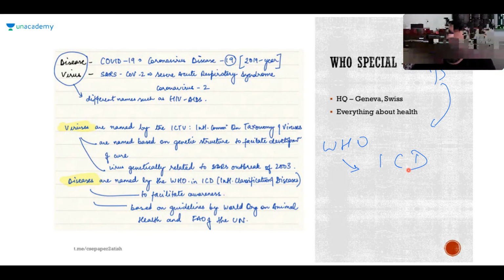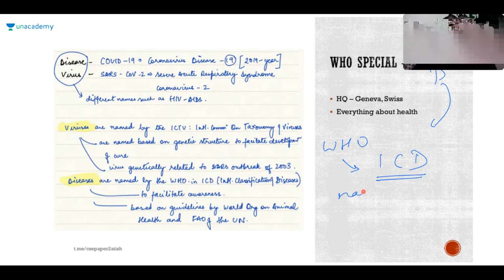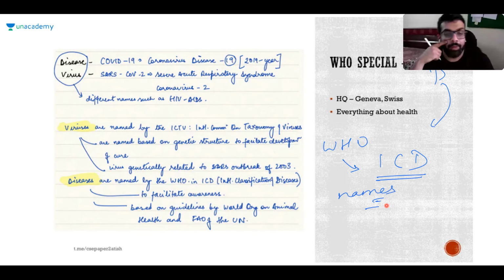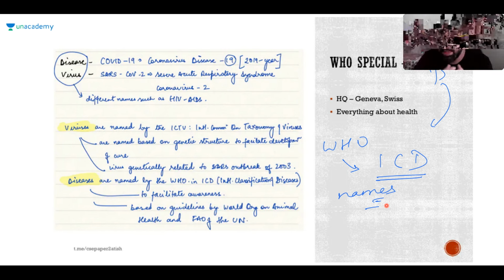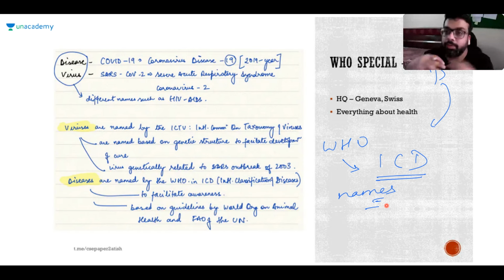And according to this document, the names of the diseases are decided. That is why the names are simpler, because they are able to facilitate awareness. It's easy for us to say COVID-19 than to say SARS-CoV-2. It's easy for us to inform as many people as we can by just saying coronavirus, COVID-19, and things like that.